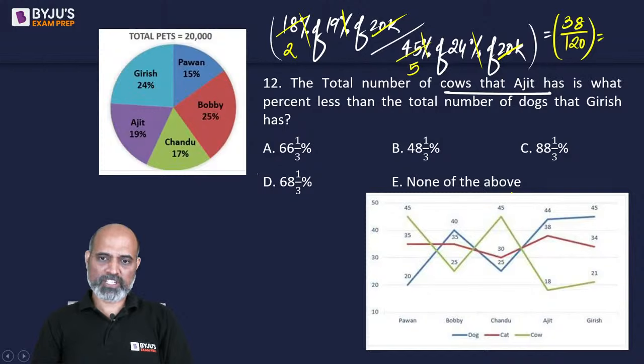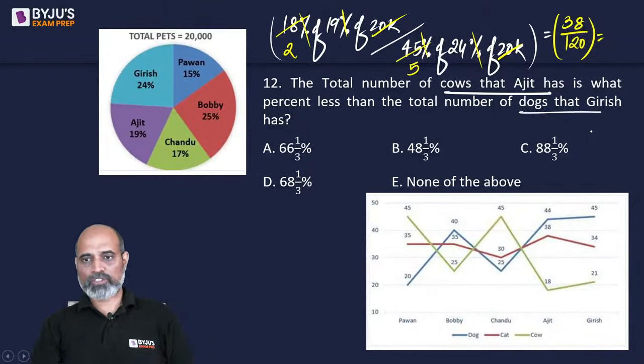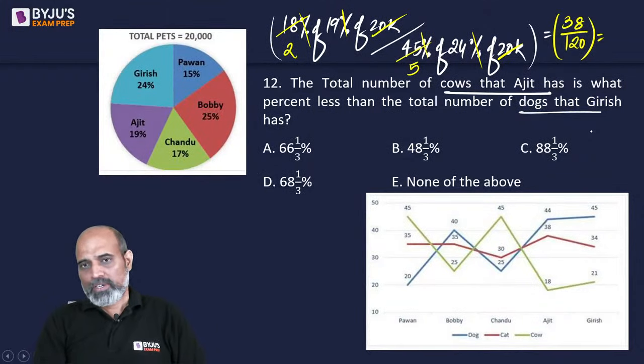Cows of Ajit is 18% of 19% of 20,000. And number of dogs that Girish has. Girish के dogs का हो जाएगा 45% of 24% of 20,000. Right? So 20,000 goes away. 9 into 2 is 18. 9 into 5 is 45. 2 into 19 is 38. 5 into 24 is 120.